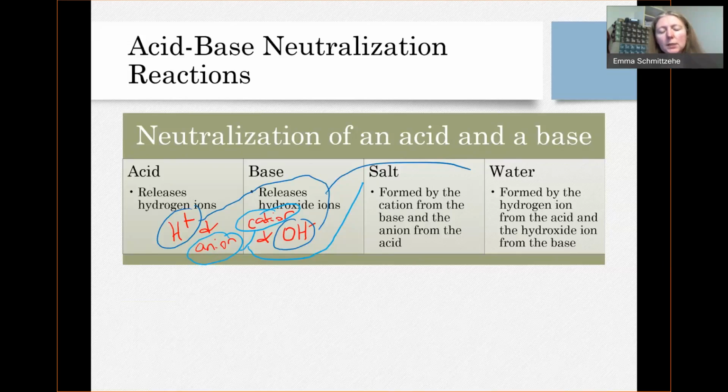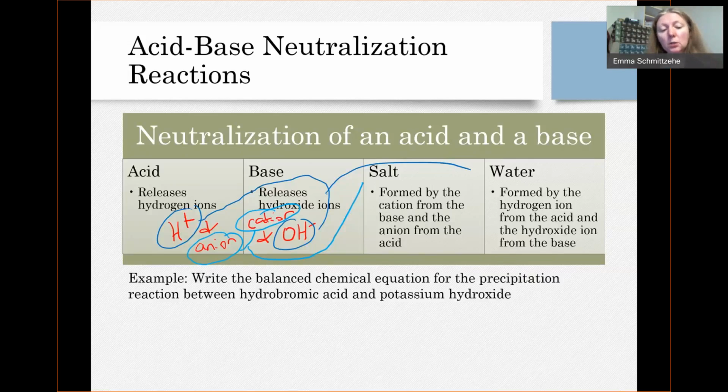You can have ones that are a little more complicated than that, but when we talk about acid-base reactions, at least for now, that's what we're talking about happening. You always have some acid reacting with some base, forming a salt and water. And when I use that term salt, remember that is kind of a generic term for an ionic compound. Okay, and the ionic compound that forms depends on what acid and what base was being reacted.